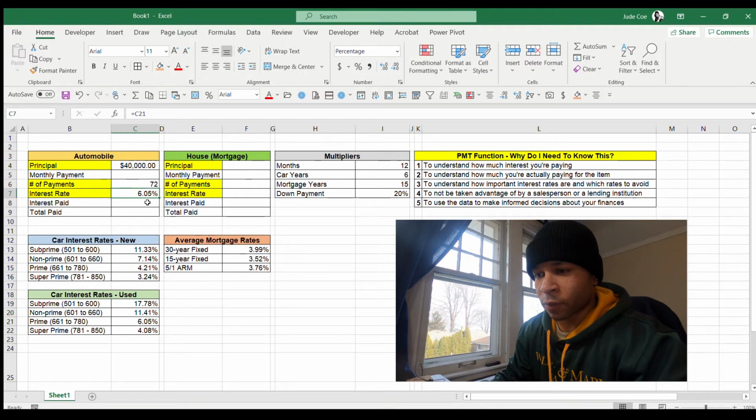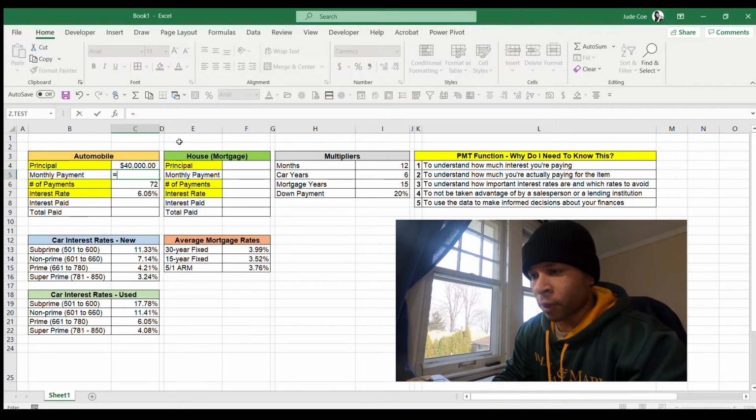Okay, now what I'm going to do, and this is the part where you want to pay attention, is you want to go into this cell across from monthly payment, press equals, and then type PMT on your keyboard. You can capitalize if you want to, or you can type it in lowercase letters. And there's one of two things you can do here, actually.